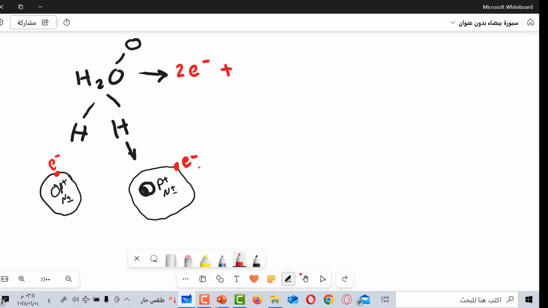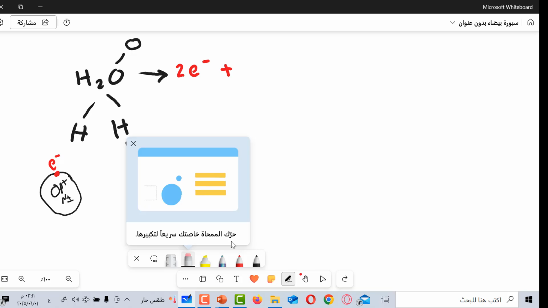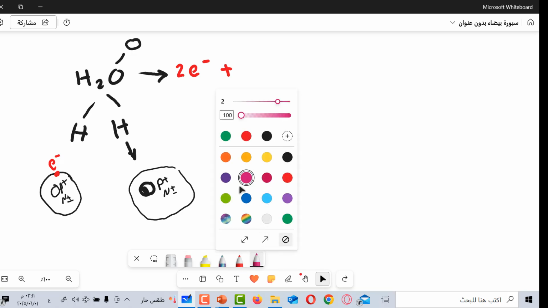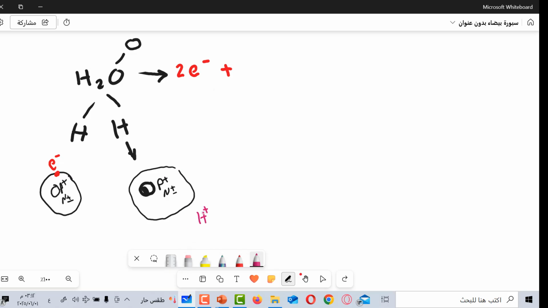When we remove this electron from the hydrogen, it will be H plus, because before we took the electron it was just H, meaning plus and minus.